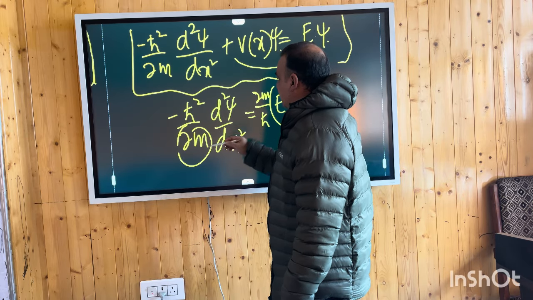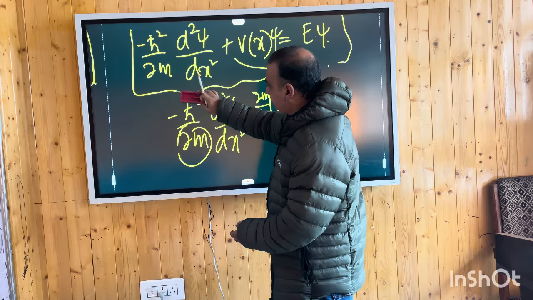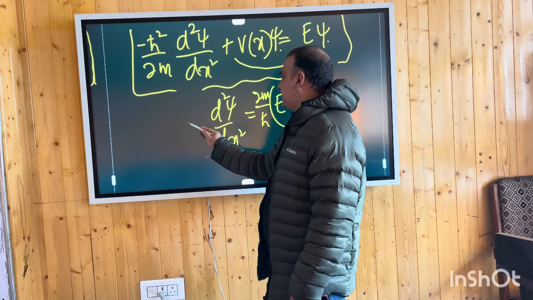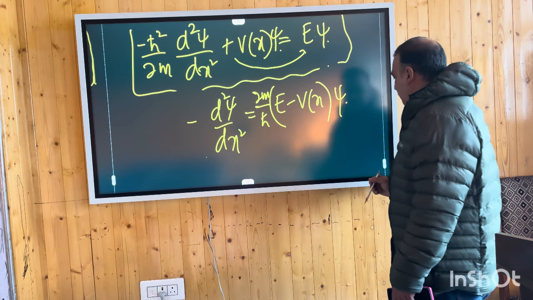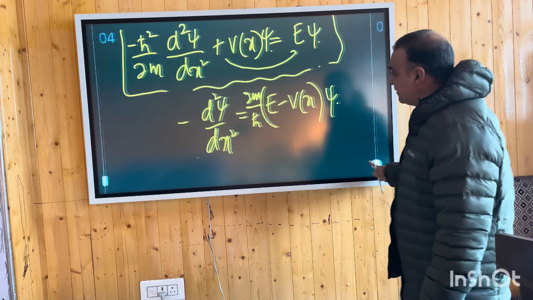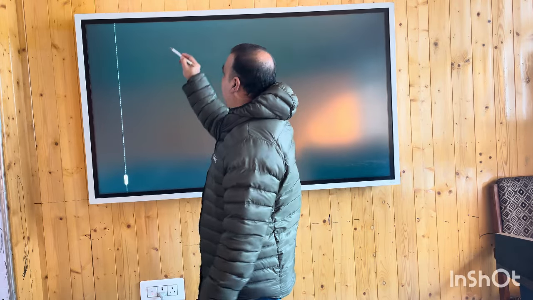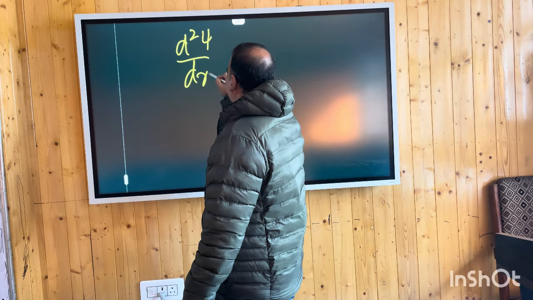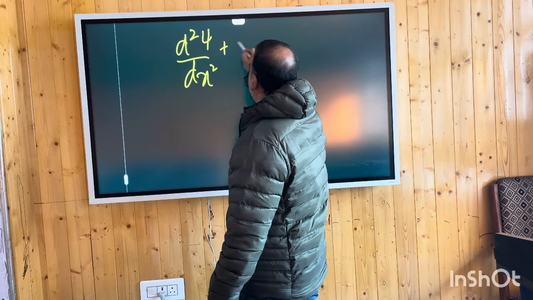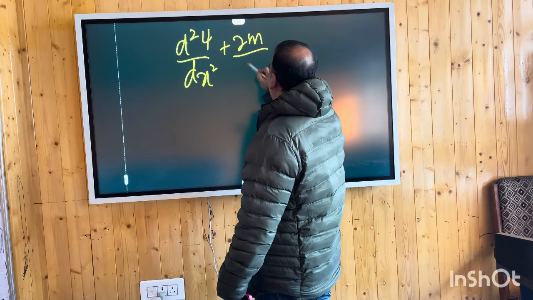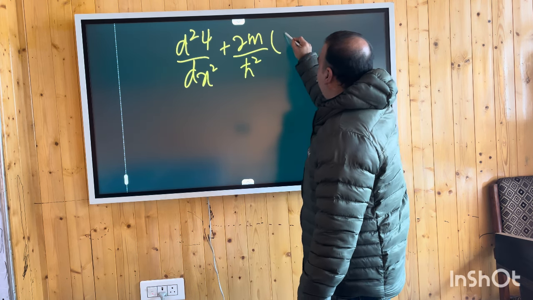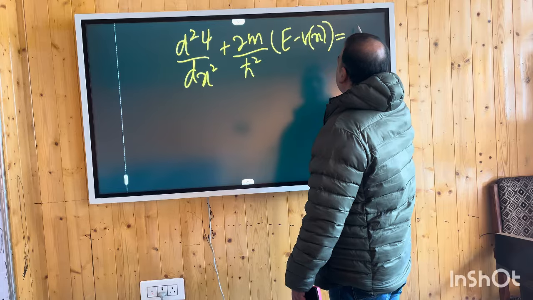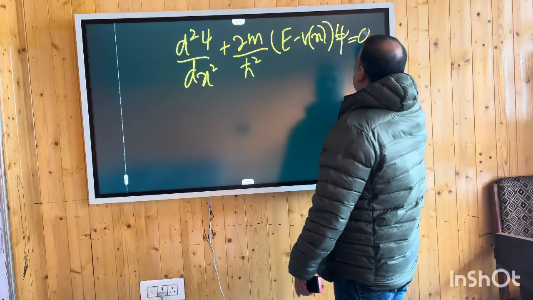So we will have Schrodinger's time-independent wave equation: d2 psi by dx2 plus 2m by h bar square, E minus V of x, psi equals 0.